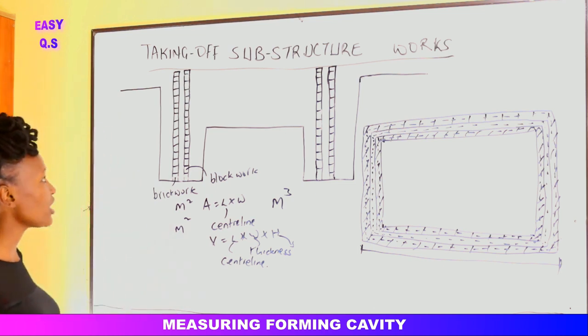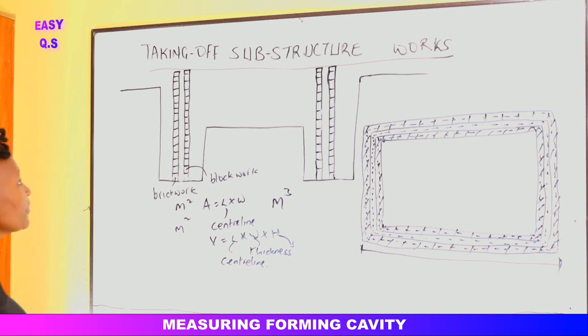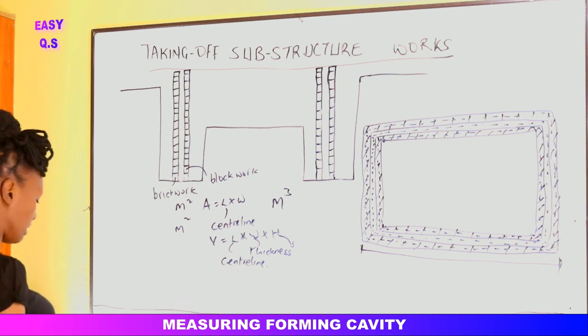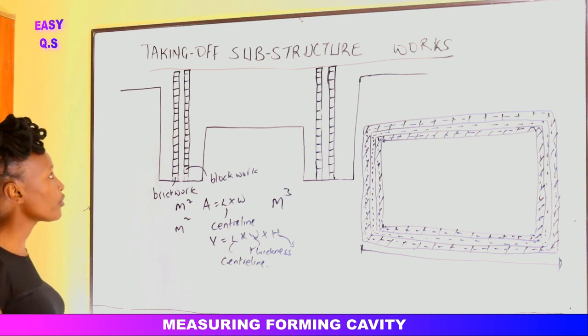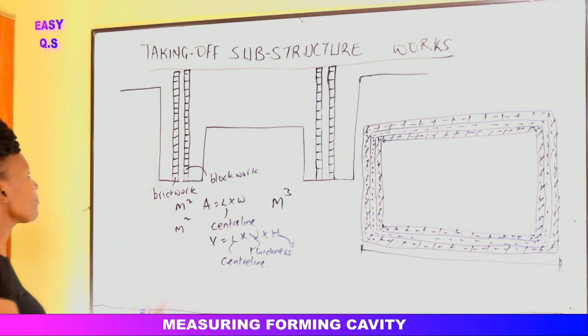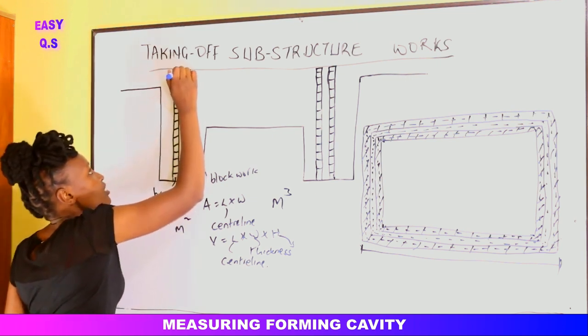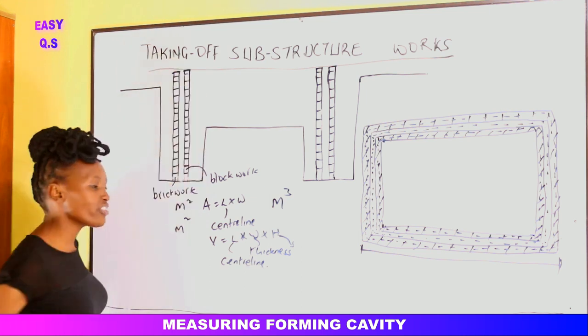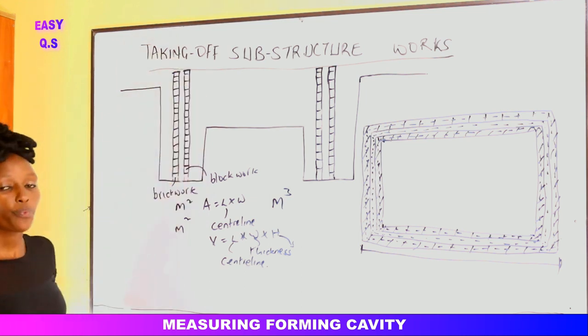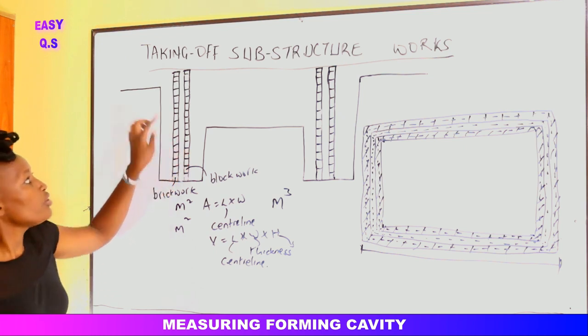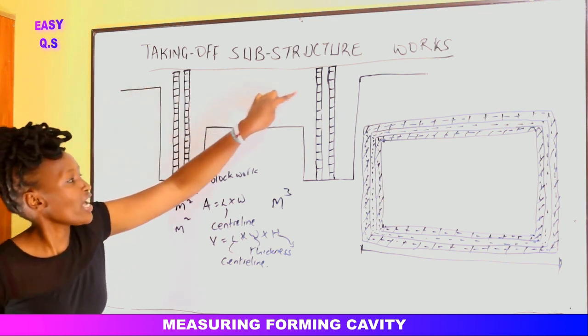The next item that we shall do is the DPC, the damp proof course. The damp proof course is usually placed on top of these walls. You see, in countries where we use cavity walls, we don't do concrete inside here.